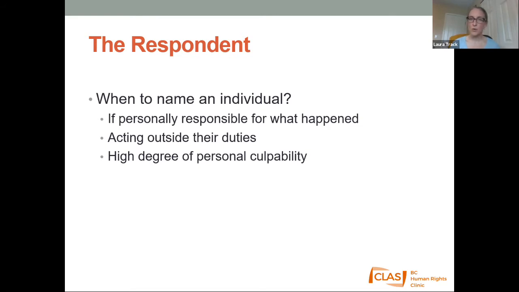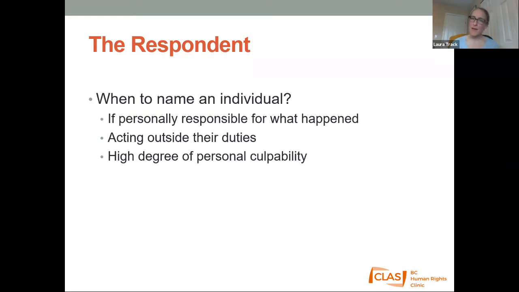If you're being sexually harassed or racially harassed or subjected to homophobic bullying on the job, you might name the individual who's responsible for that behavior. However, if your complaint relates to something that happened in the course of your employment, where maybe the HR manager didn't accommodate you properly or your supervisor terminated your job, in most cases like that, the individual who carried out their usual job duties wouldn't be liable for the discrimination.